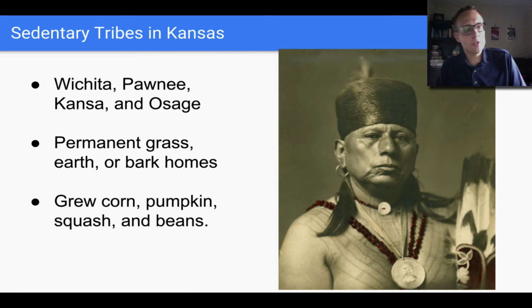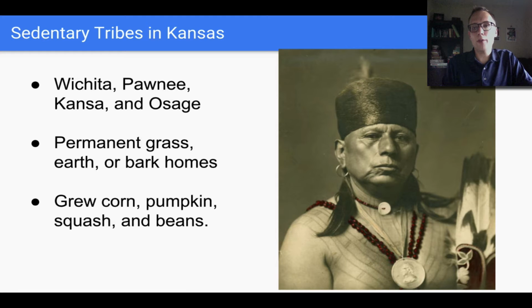So last part here, just kind of a breakdown of the different tribes that we'll refer to. Typically we talk of them as sedentary and nomadic tribes. The sedentary tribes, the historic tribes in Kansas that we know of, were the Wichita, the Pawnee, the Kansa, and the Osage. These sedentary tribes lived in permanent villages, meaning they didn't move, they stayed there as long as they could.